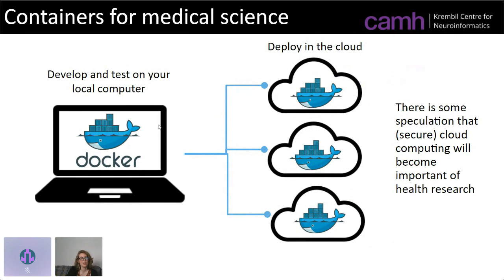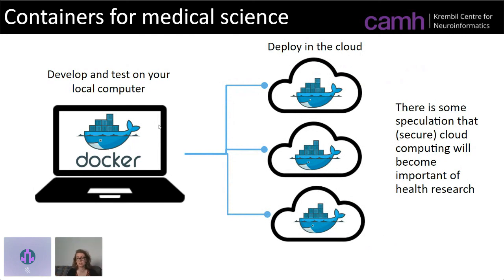The second way, which is also getting much more popular, is that you can take a Docker container and you can deploy it in the cloud. So somewhere like AWS Web Services or Canada is starting to build its own cloud services. And this is becoming more and more important, especially in health research, where there's some people who are saying that the future of health research will actually be mostly cloud-based if we can get secure cloud services, which a lot of people are working on doing.